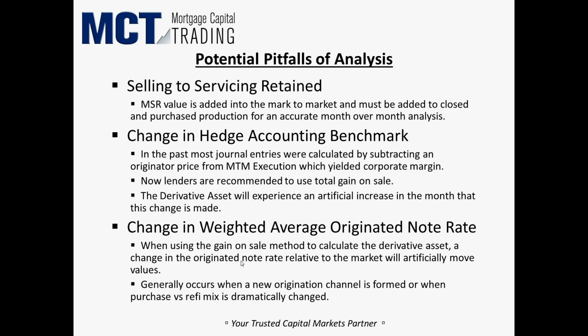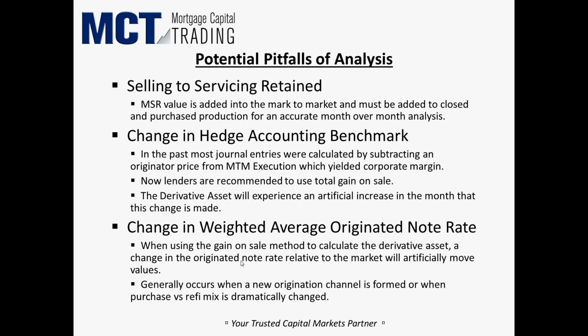So the classic example is, although this probably isn't the case right now, if you were to go from some purchase-oriented origination where you had a lot of borrowers that didn't want to bring money to closing, so you obviously had to rebate, so you're going to be originating a higher note rate.